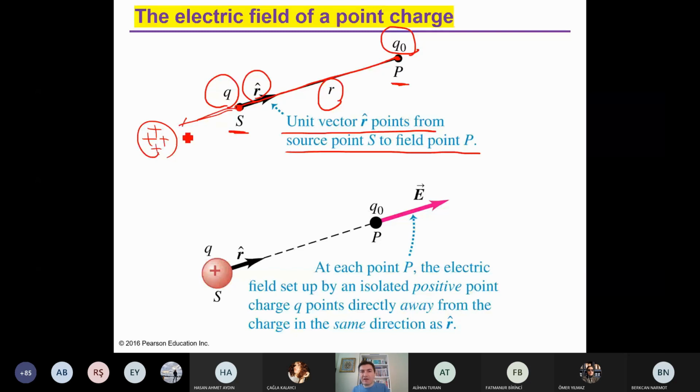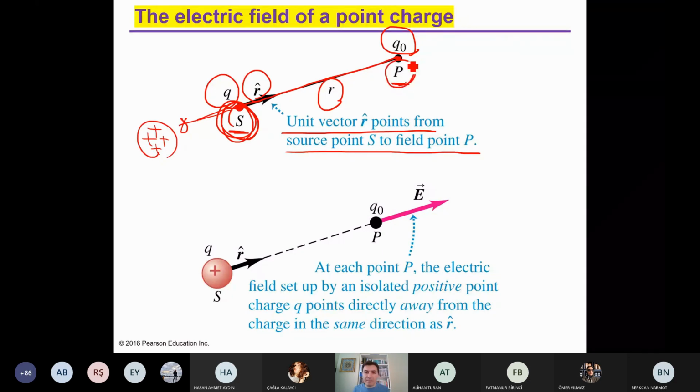And here we have another positively charged test charge. And this is called a source of electric field. This positively charged ball produces electric field at P point. Actually, it produces electric field around itself, at every point in space. But now we are dealing with the electric field at P point.